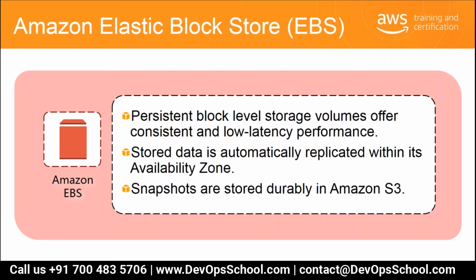EBS volumes you use when you are adding some drives to your running instances, on your EC2 VM. If you want consistent low latency storage, you will go for EBS. It is just like mounting volumes to provide some file storage.